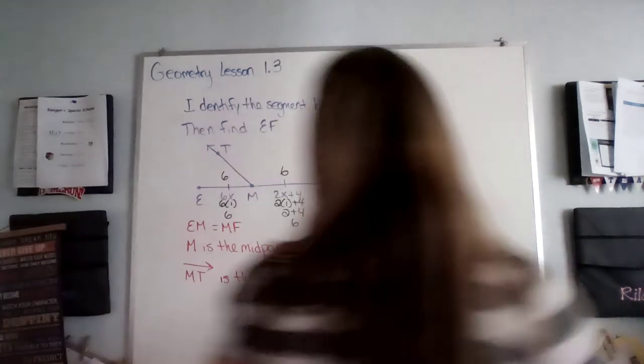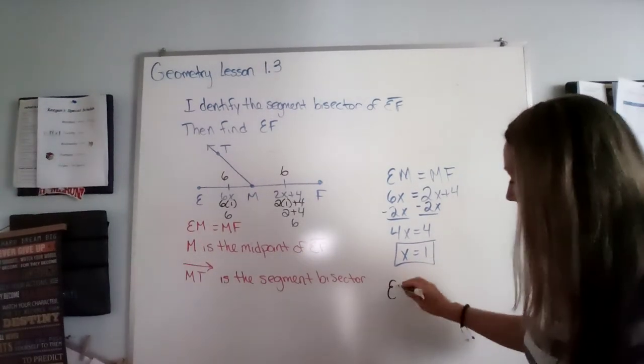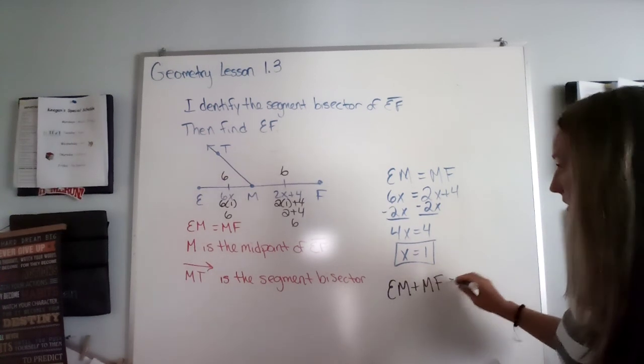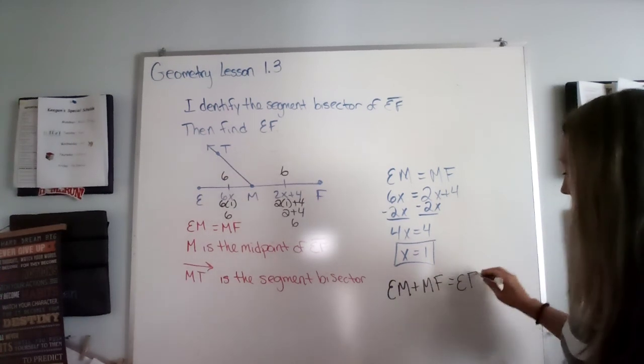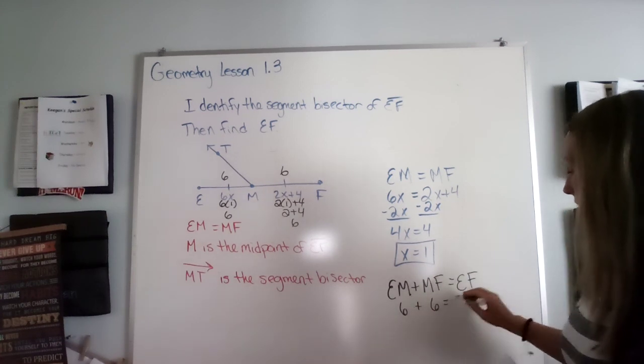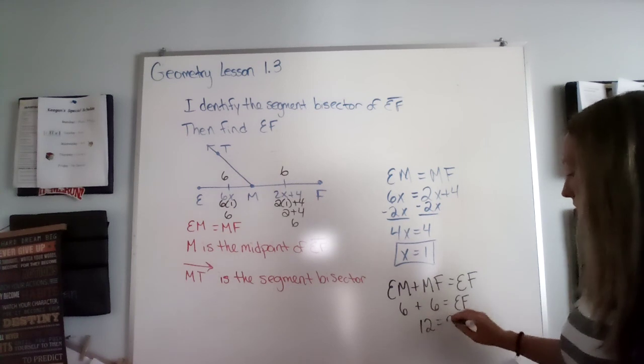And you could also use the segment addition postulate, right? We know that EM plus MF is equal to EF. That's the segment addition postulate. So 6 plus 6 is equal to EF. Therefore, 12 is equal to EF.